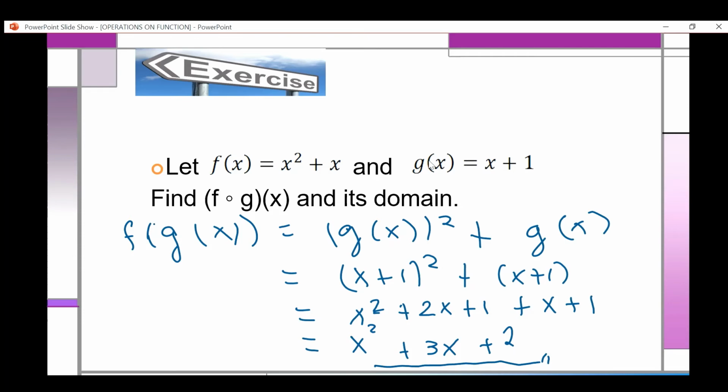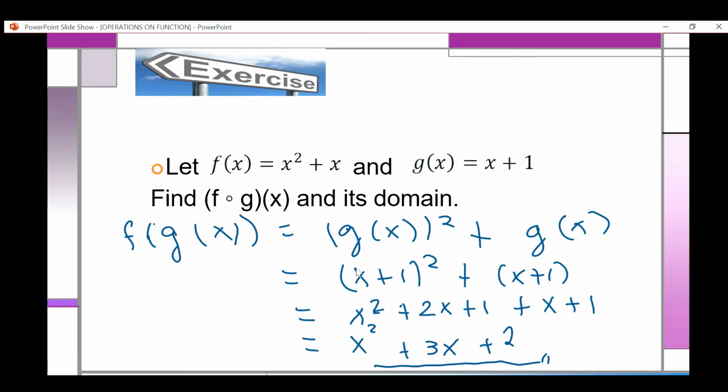And then, substitute natin yung g of x. So, yung g of x is x plus 1. Ayan. So, x plus 1 quantity squared plus g of x natin is x plus 1. Okay? And then, simplify. So, dito nakita natin may square. So, square natin yung binomial na x plus 1. So, gamitin natin yung shortcut or FOIL method.